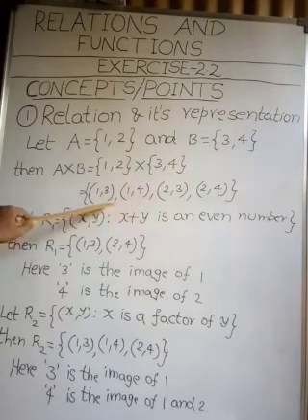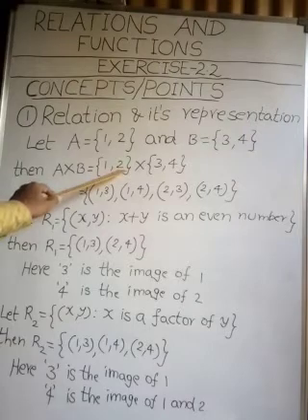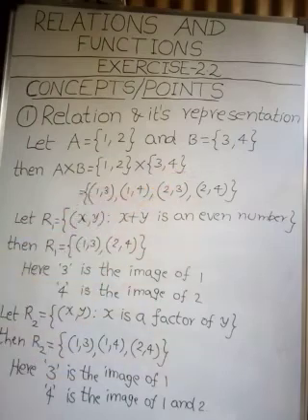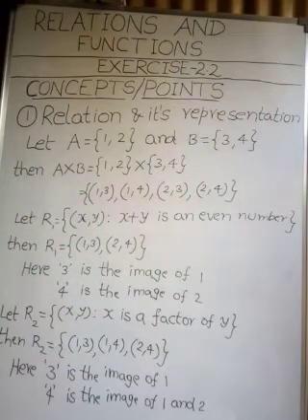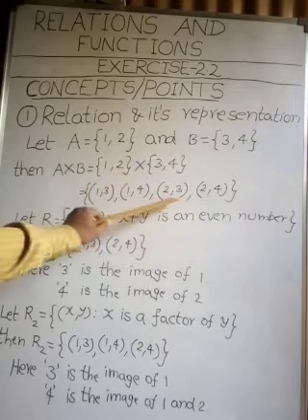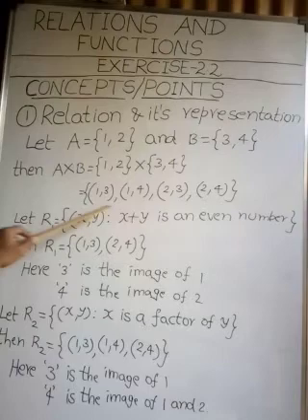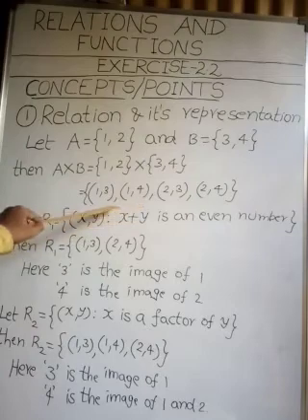Understood these two ordered pairs, my dear children? Right. Now we take the second element of the first set and we connect with every element of the second set. So ordered pair 2, 3, ordered pair 2, 4. So these are the ordered pairs in A cross B. Okay, my children, understood this one?